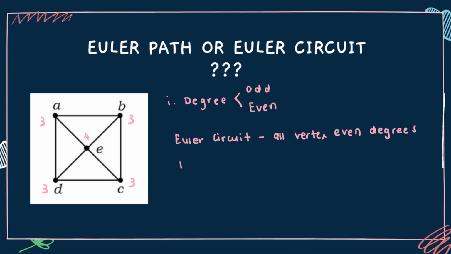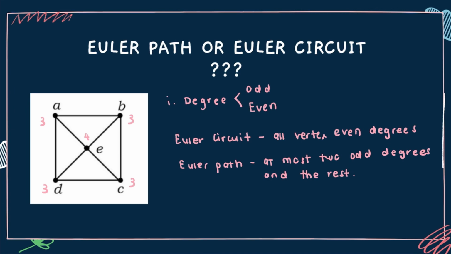And for an Euler path, you must have at most 2 odd degrees and the rest are even.